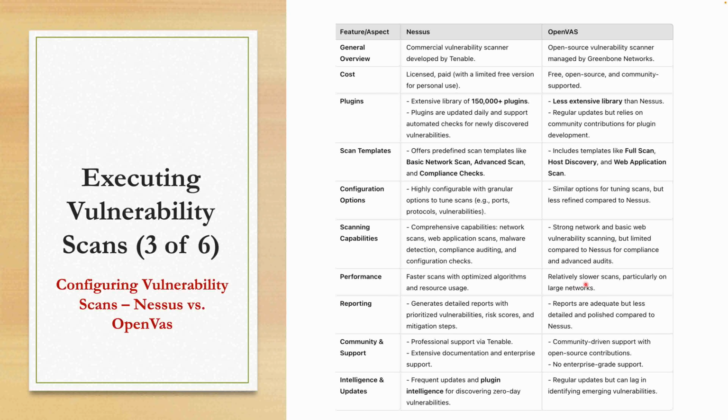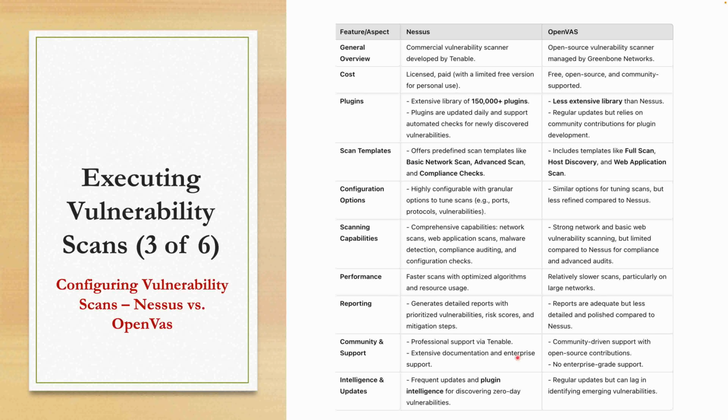Now, OpenVAS can be slower. And for reporting, Nessus provides detailed reporting of your scan, which is compatible with compliance and certain regulations. OpenVAS reporting is fine, but less detailed and polished compared to Nessus.